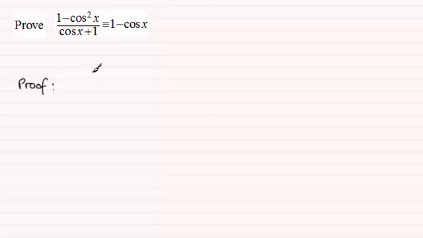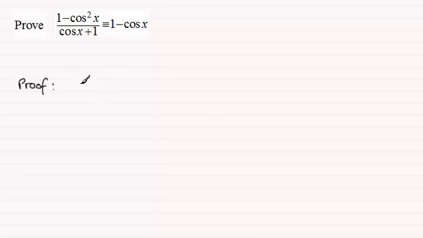If that were the case, the right hand side has got two terms, the 1 and then the cosine x, whereas on the left hand side we've just got one term. But when we've got a fraction, it's most probably going to be easier to reduce this fraction just to a single line. So I'm going to take the left hand side on that basis.